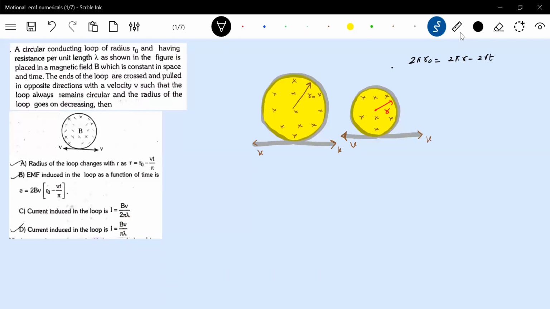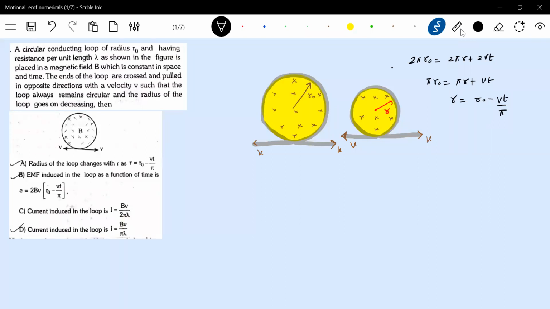The 2 gets cancelled, so pi r naught equals pi r minus vt. Yeah, plus it is, I'll make changes. r equals r naught minus vt by pi. Getting it now? So simple length.